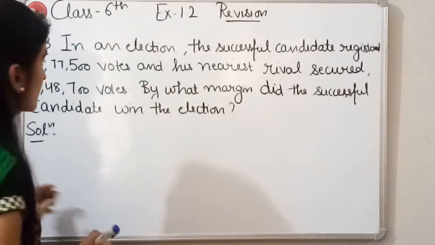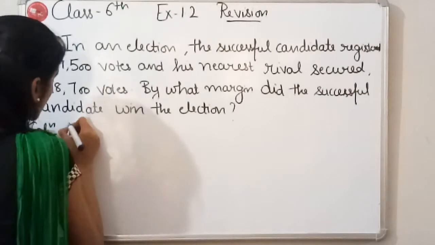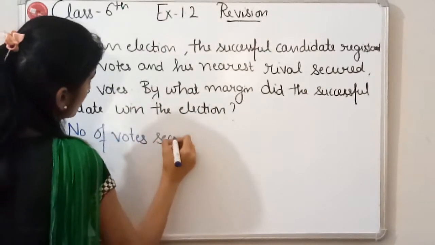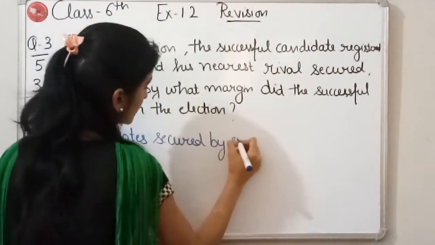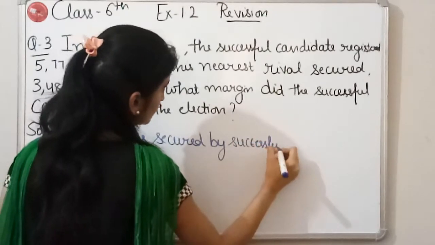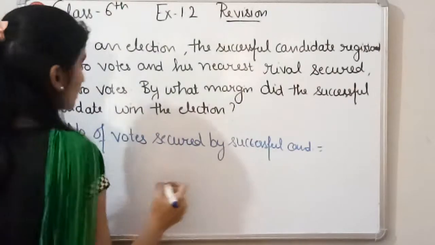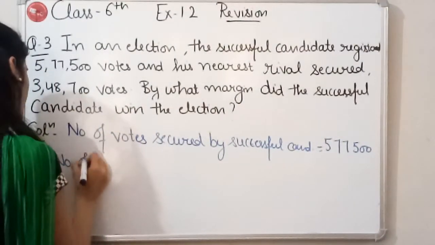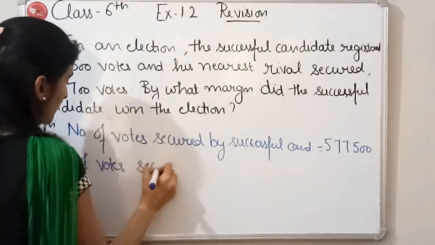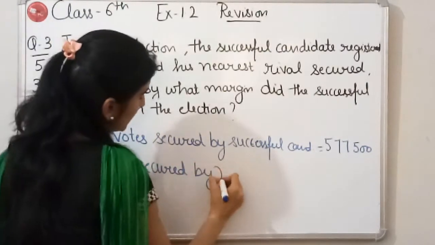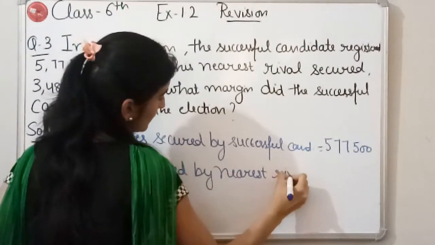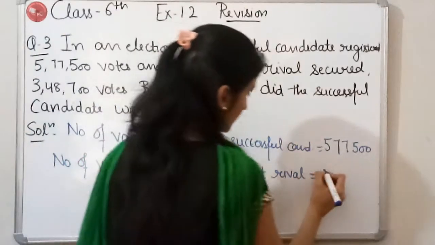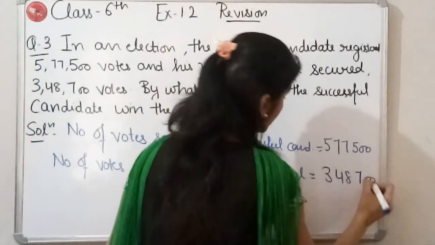So let us start with the solution. The number of votes secured by the successful candidate is equal to 5,77,500, and the number of votes secured by the nearest rival is 3,48,700.